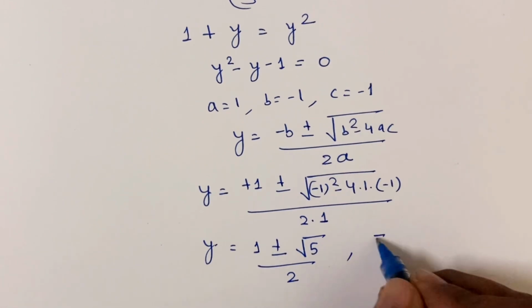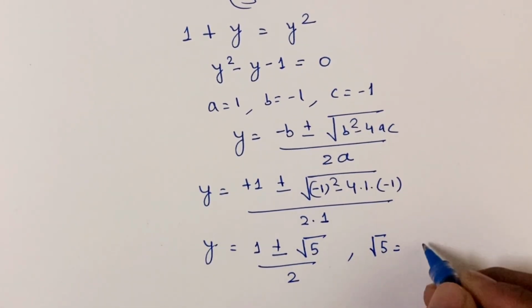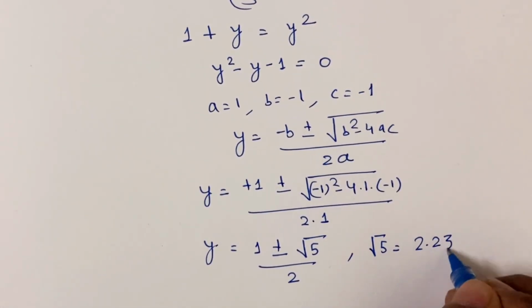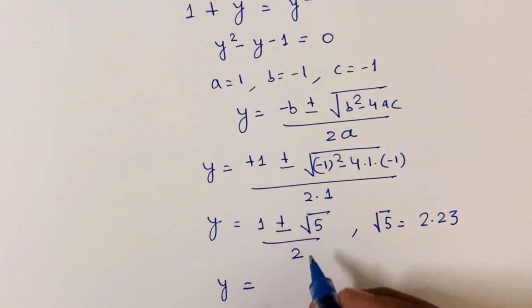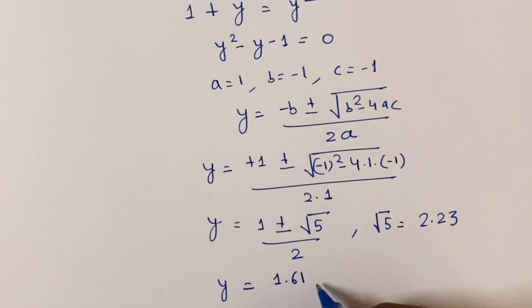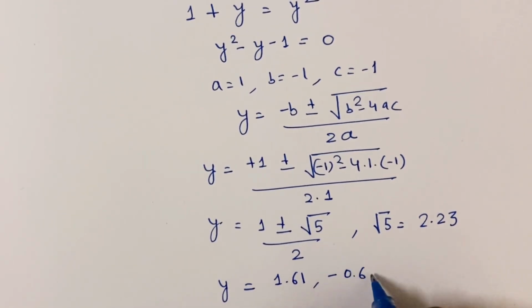As we know that square root of 5 is equal to 2.23, so y equals 1.61 and minus 0.61.